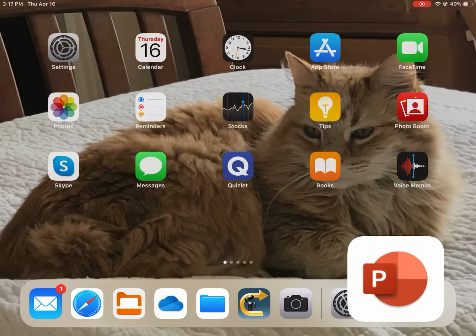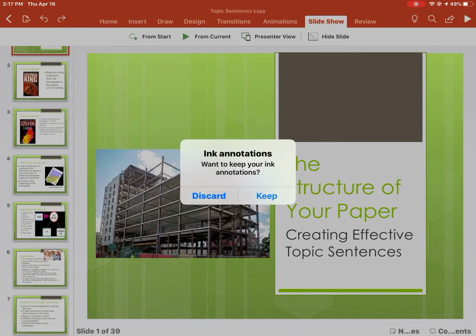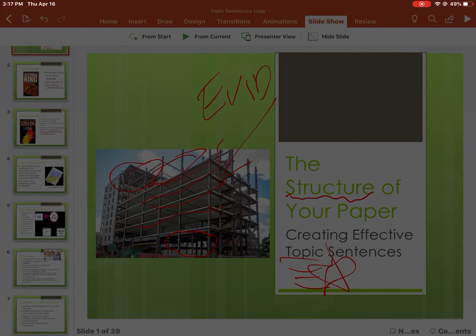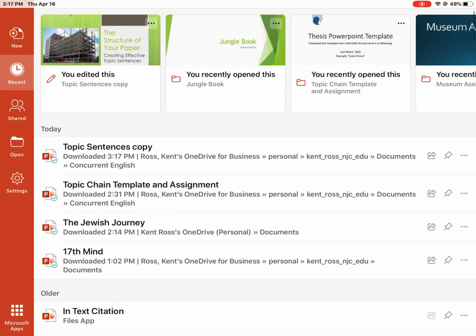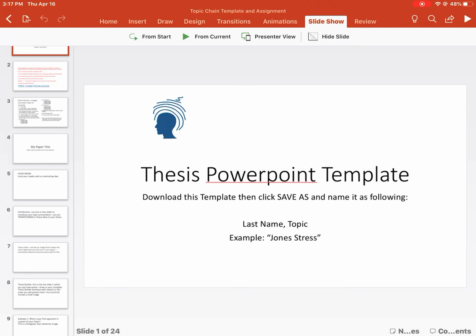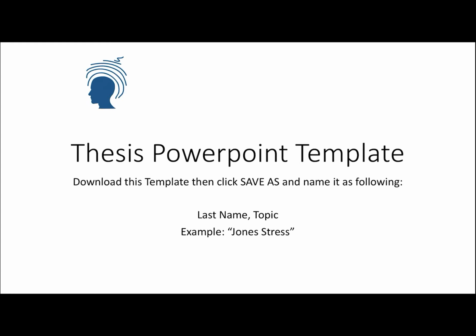All right, so now I just want to quickly show you how you will actually do the assignment. You're going to create a topic chain in a PowerPoint using pictures or illustrations from the internet. So you will just download this topic chain template and assignment.